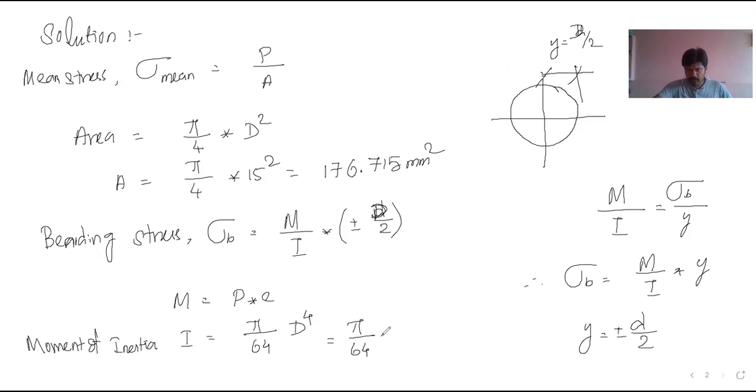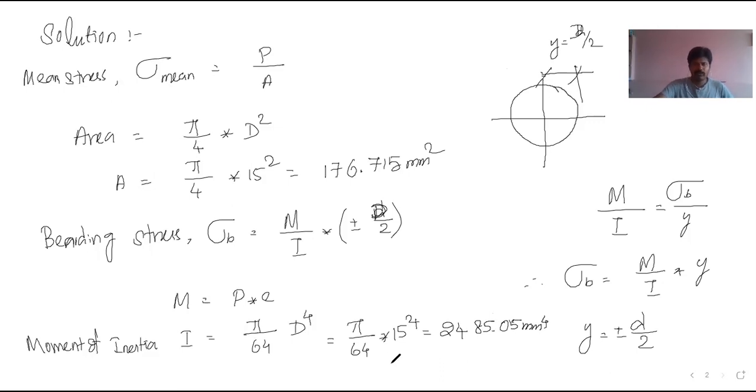So pi by 64 into 15 power 4, divided by 64, it becomes 2485.05 mm power 4.